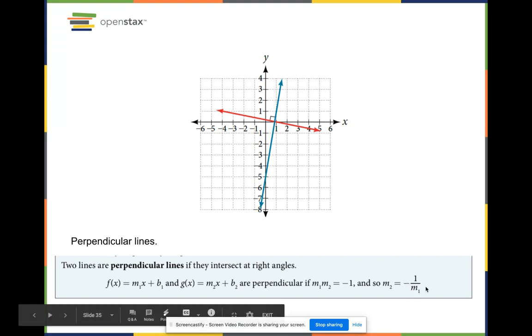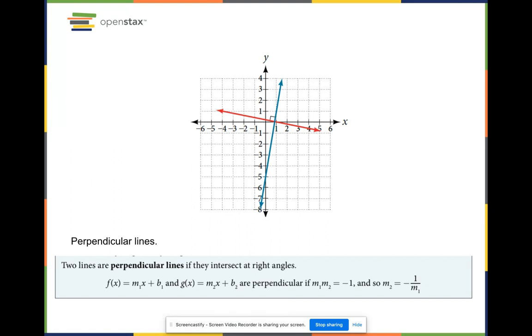So if you had a slope of 1/2, the negative reciprocal of that would be negative 2/1, or just negative 2, right? If you had a slope of 3/7, the negative reciprocal would be negative 7/3.